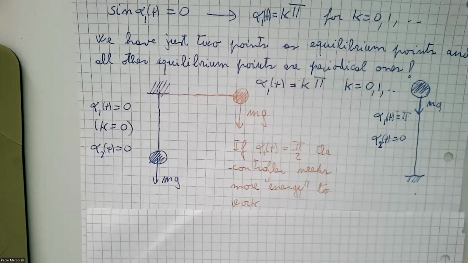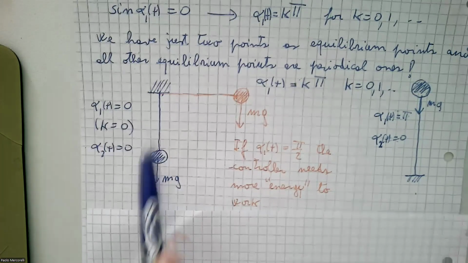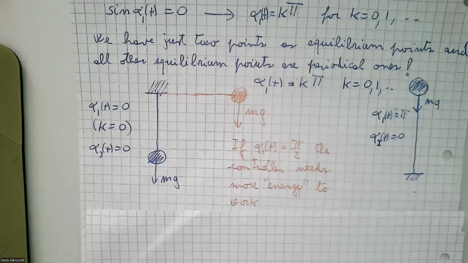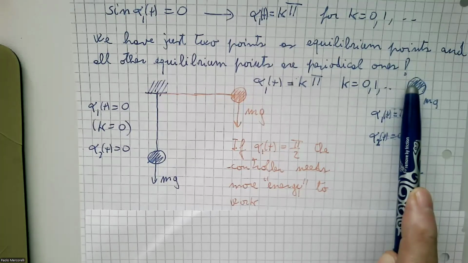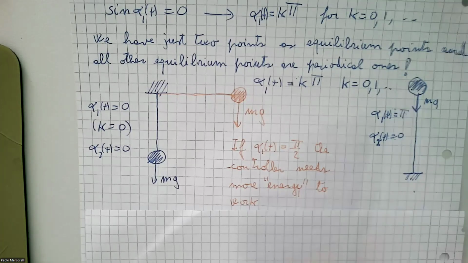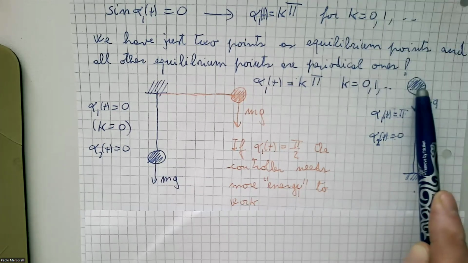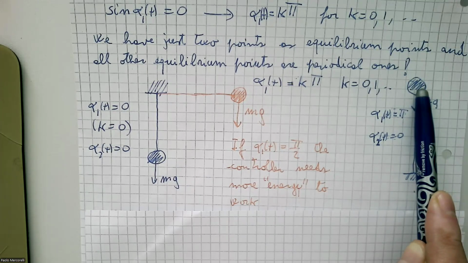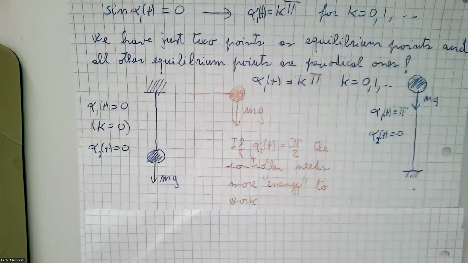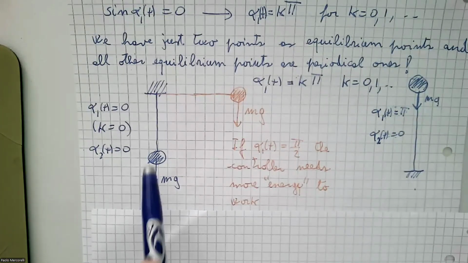Basically, for even k, we'll obtain always this. For odd k, we'll obtain this one. Basically, we have alpha 1 equals 0, alpha 2 equals 0, alpha 1 equal pi, alpha 2 again equals 0. And then we will repeat mathematically. But physically, we have down and up, or up and down.